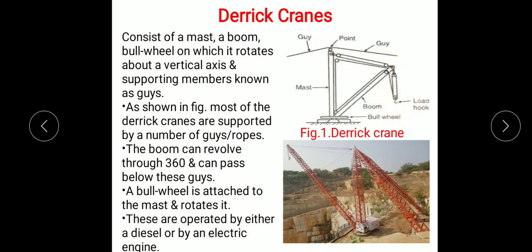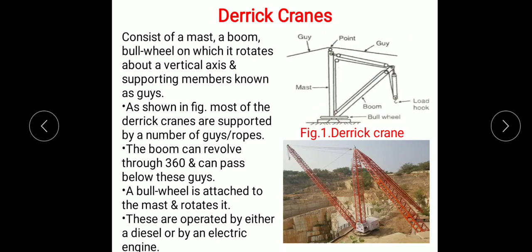So all this assembly is resting or supported on a bull wheel through which the 360-degree rotation can be given to the crane. As shown in the figure, most of the derrick cranes are supported by a number of guys or ropes. The boom of this crane or all types of crane revolve through 360 degrees and can pass below these guys.